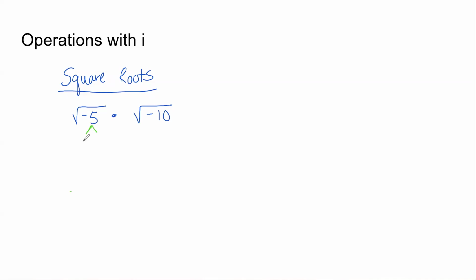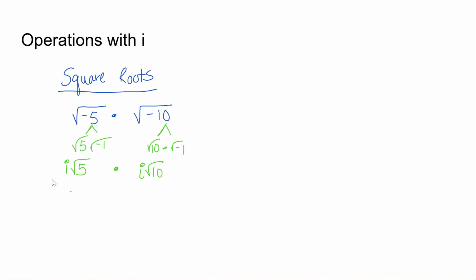So really, this is root -1 times √5, and that'll give us i√5. Always i to the front. And then this one really is root -1 times √10, so that's really i√10. And again, always i in the front. Now, typically I don't actually write that intermediate step out. If you're just starting with i, you might want to. After a couple problems, you probably won't need to anymore.